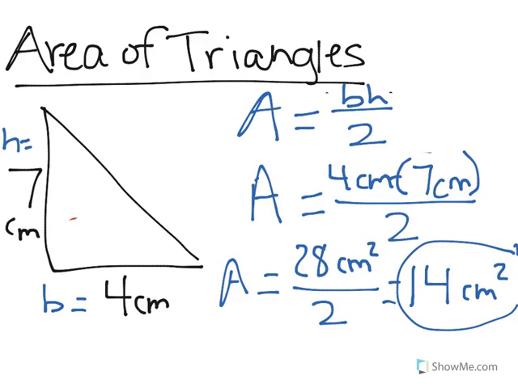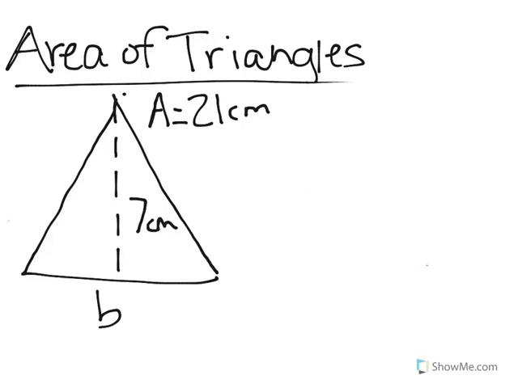Now, how do you find the base if I give you the height and the area? I don't know, let's find out. Here we have a problem. It tells us our area is 21 centimeters. It says that our height is 7 centimeters.